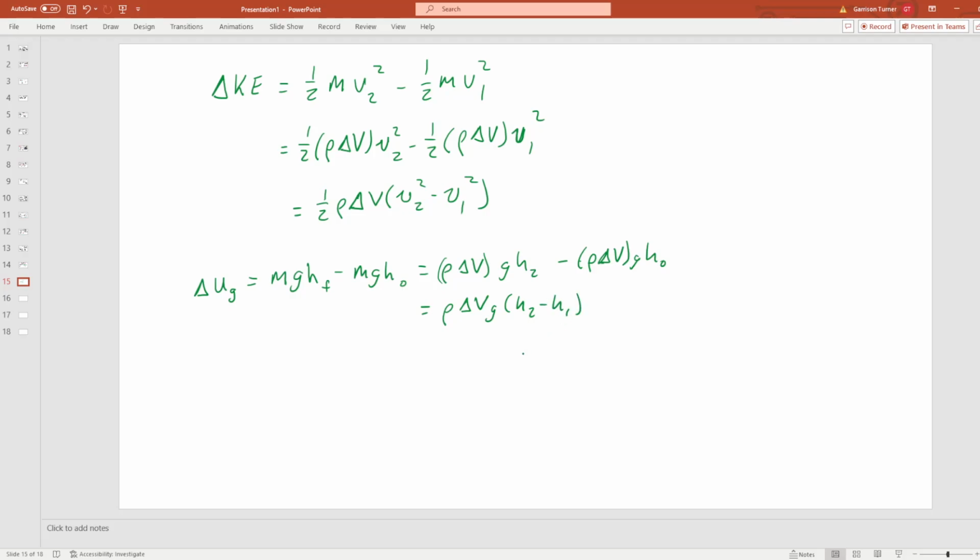All right, now here's the kicker. Remember that the work done by non-conservative forces is equal to the change in total energy.